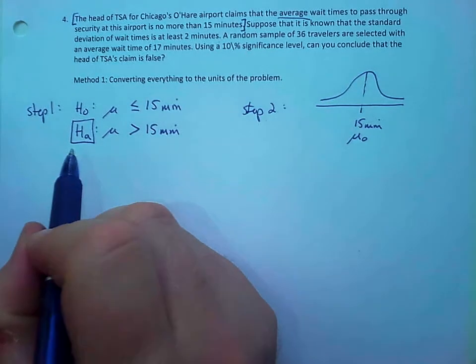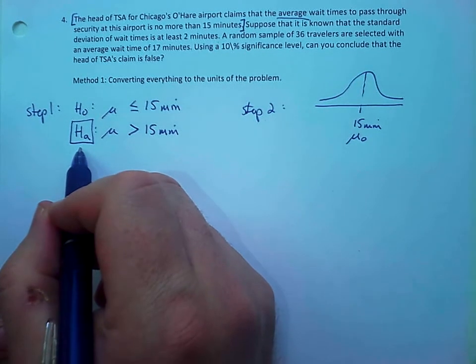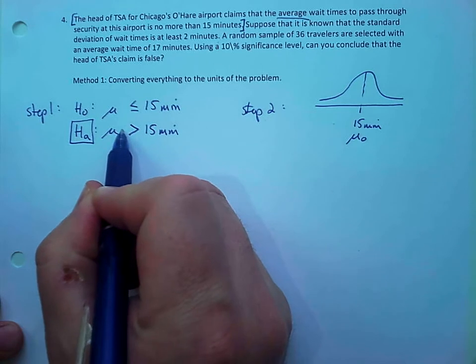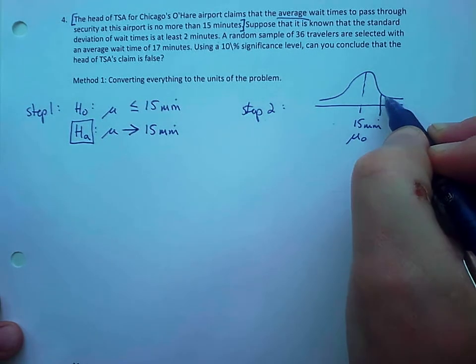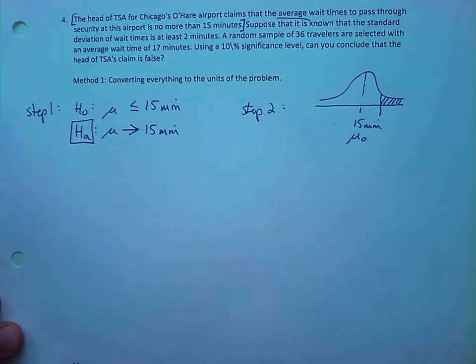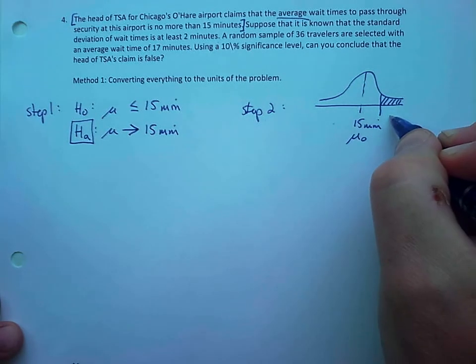But nevertheless, we're going to determine where and how many rejection regions that we have based off of our alternative hypothesis. If we can draw a horizontal line that's going to show us where our rejection region is, here it's an arrow that's pointing to the right, so we only have one rejection region.